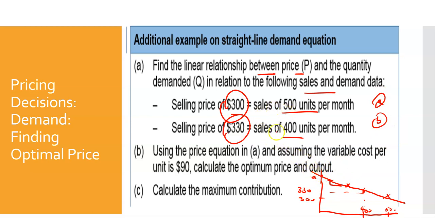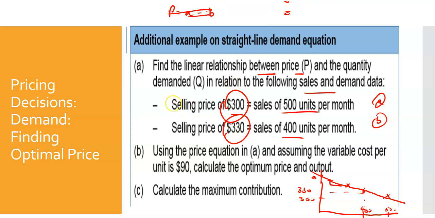So if I was to write my equation out, I would write P is equal to A minus BQ. So let me start again.